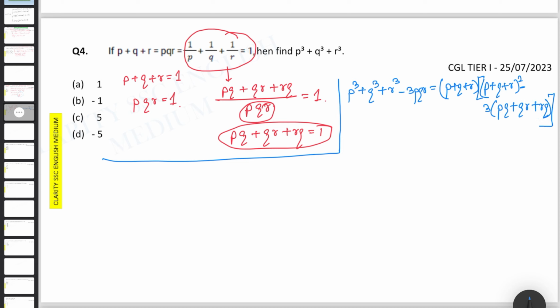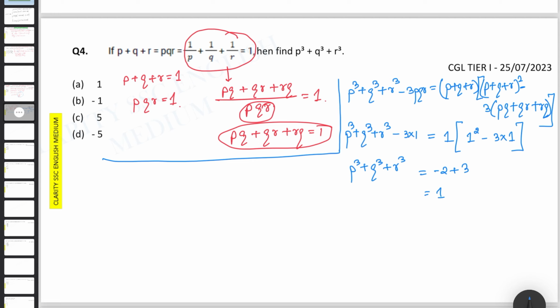The second formula, I'm applying the second formula here. So the value of p plus q plus r is 1, and again 1 square minus 3 into 1. In the left hand side, this value will become minus 3 into 1. So p cube plus q cube plus r cube will become minus 2 plus 3. So obviously 1 is the correct answer.